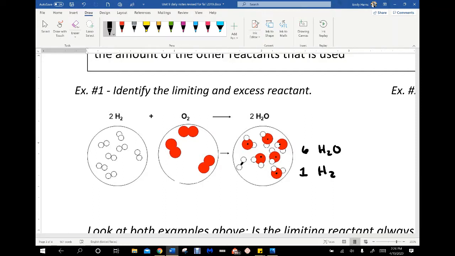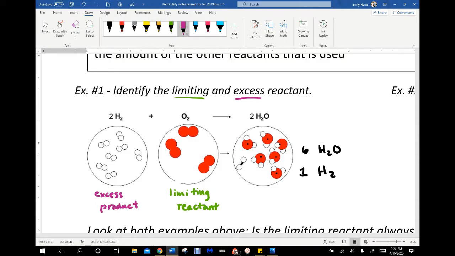So if we had to assign limiting and excess reactant, we would say that the oxygen was used up first. It was the limiting reactant. On the other hand, the hydrogen was left over at the end, and so it is the excess reactant. There was more than enough hydrogen.